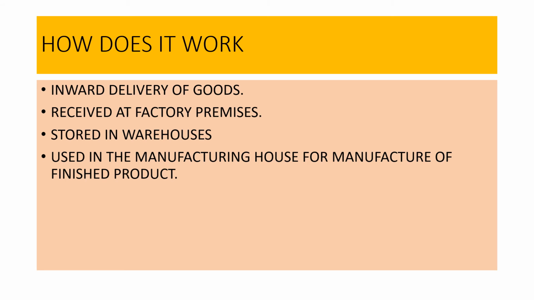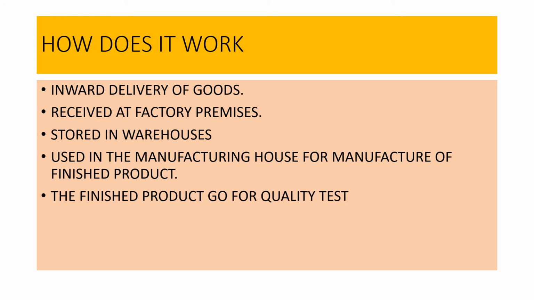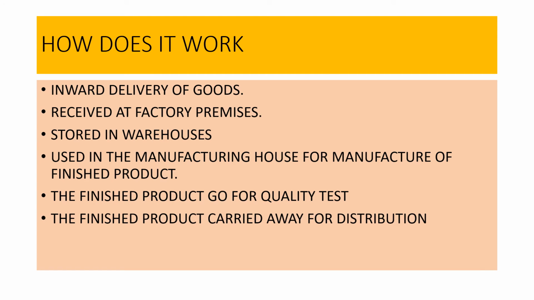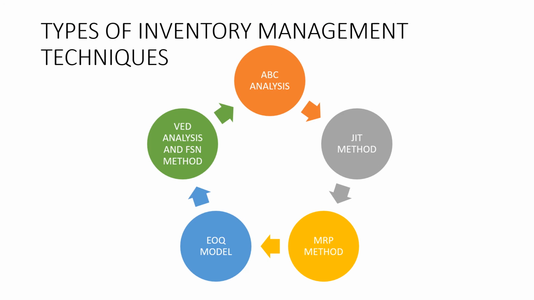In the manufacturing house, the whole manufacturing process goes on. After the manufacturing process, the finished product goes for the quality test, and after the quality test, the product is carried away for distribution.